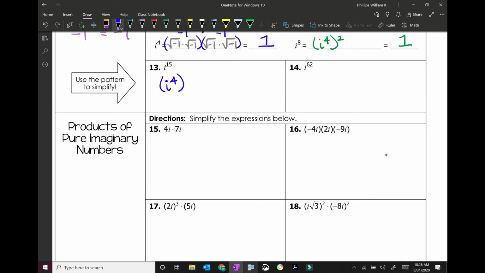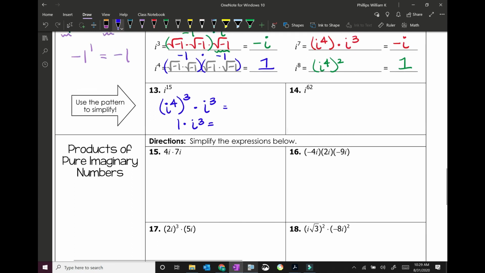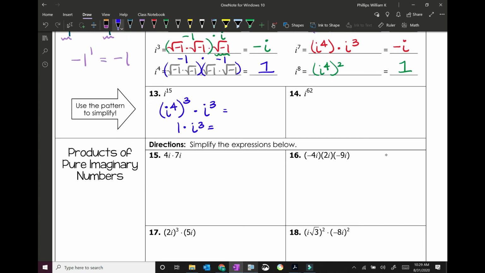Well, 4 will go into 15 3 times with, excuse me, with 3 left over. So we know that i to the fourth is 1. 1 cubed is 1. So this is really just 1 times i to the third. And we know what i to the third is. It's negative i.